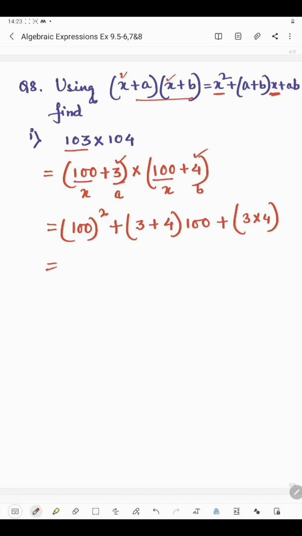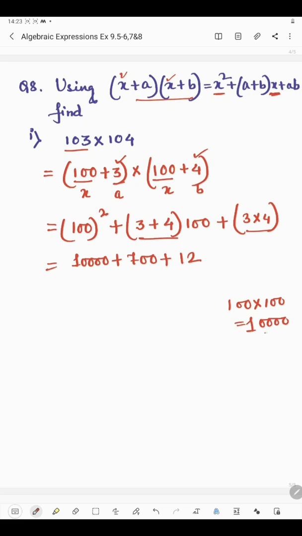Now 100 whole square means 100 into 100. So how many zeros are there? 4 zeros. So 1, 2, 3, 4. 1 ones are 1. So it's 10,000 plus 4 into 3 is 7. 7 into 100 it's 700 plus 3 into 4 is 12. Now we will add this all.